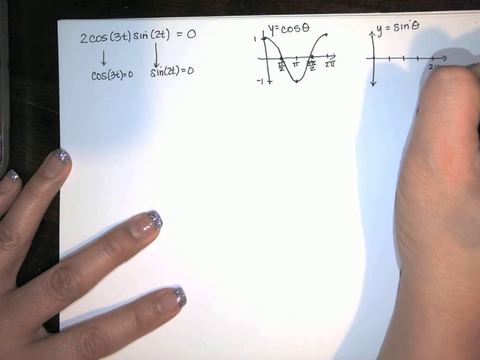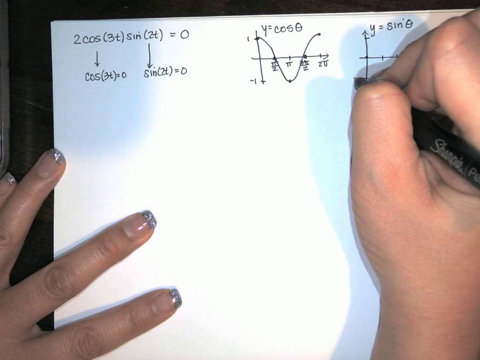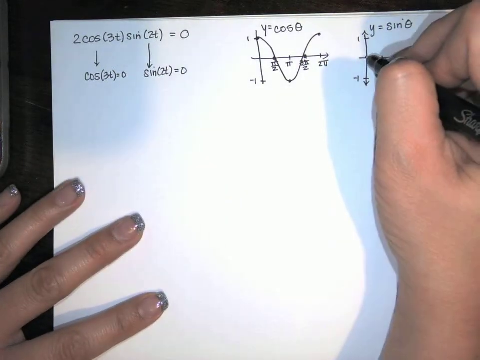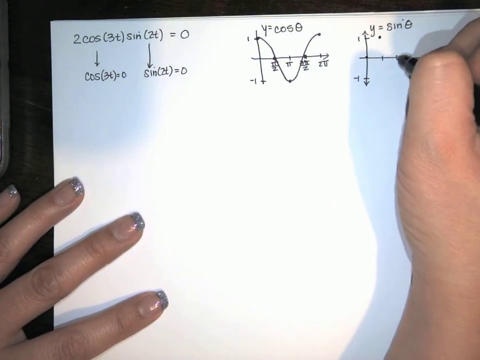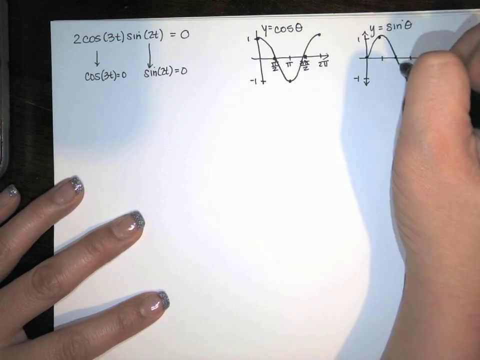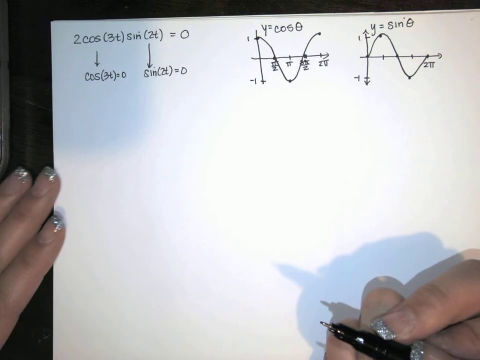All the interesting things happen here at 1/4 of the period. And it oscillates between -1 and 1 as well. So it starts at 0, then it goes to its max, then it goes back to 0, then to its min, and then to 0.